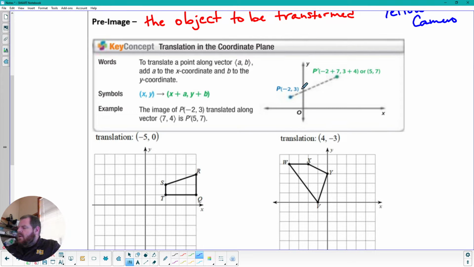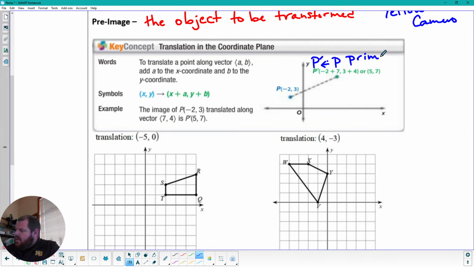Their pre-image always has just a letter, so this is the point -2, 3, being translated into the image, and this is a P with an apostrophe. We call that P prime.